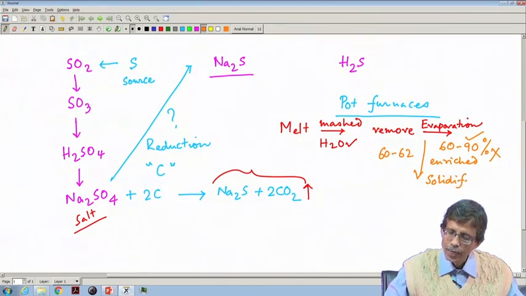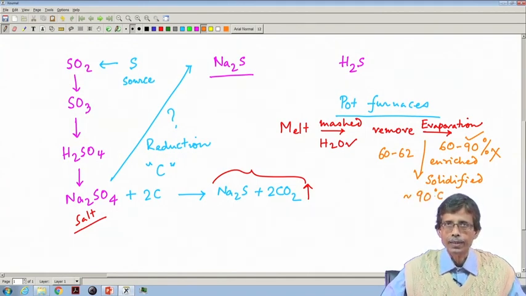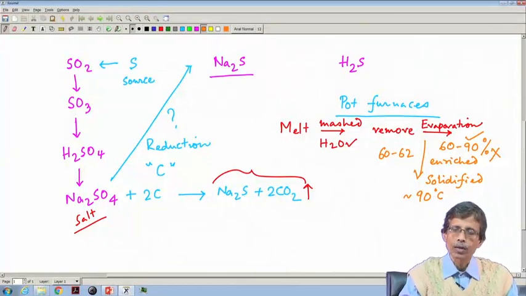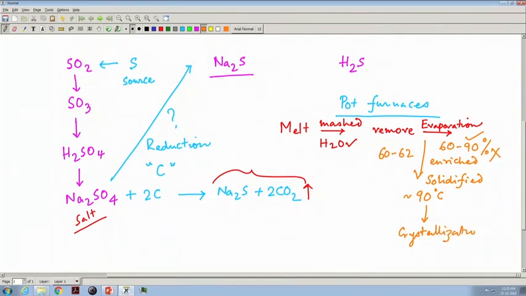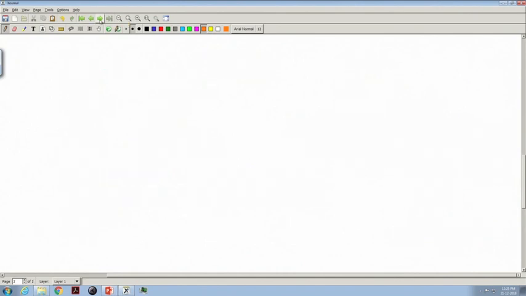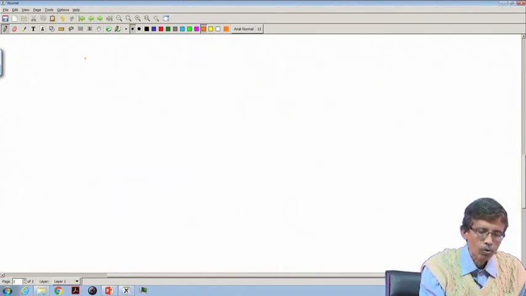It is solidified at high temperature, say about 90 degree centigrade. That means, at 90 degree centigrade you get the saturated solution, and that saturated solution is allowed to crystallize. So, you will get a good amount of sodium sulphate crystals in your hand. So, this is one particular technique we can have. That one particular process is also known as the electrolysis process.